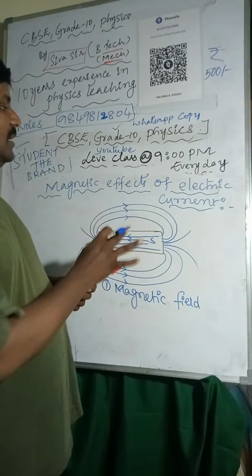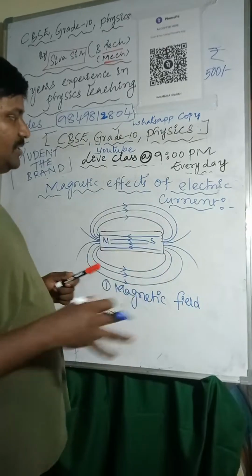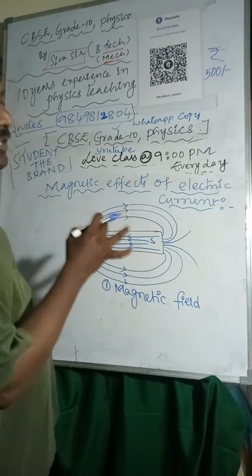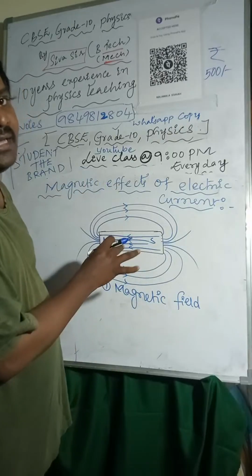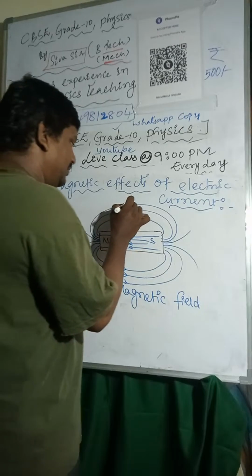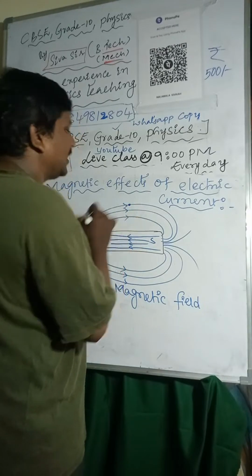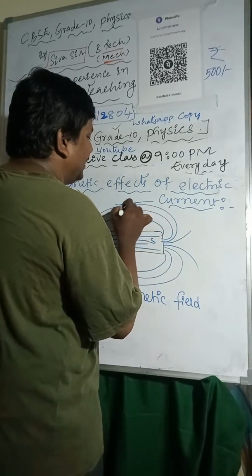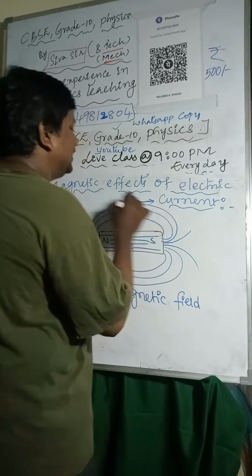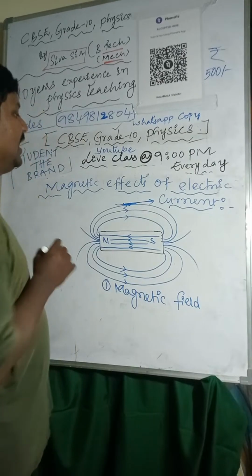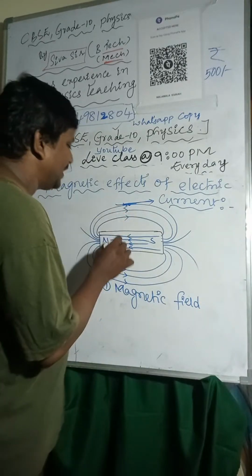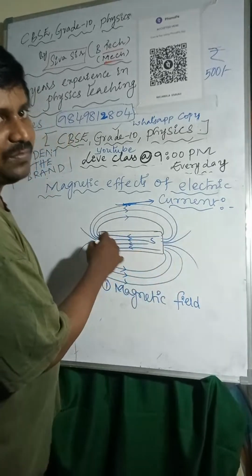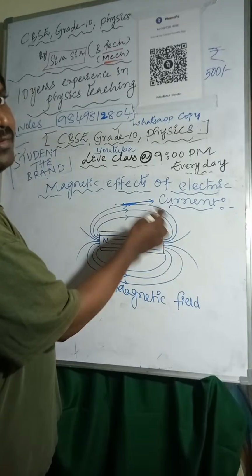The region around the magnet in which magnetic force is exerted is called a magnetic field. If I want to find the direction of the magnetic field at this point, you can draw one line, a tangent to the magnetic field lines, because the field goes around like this.